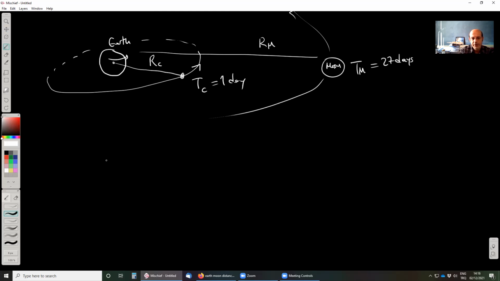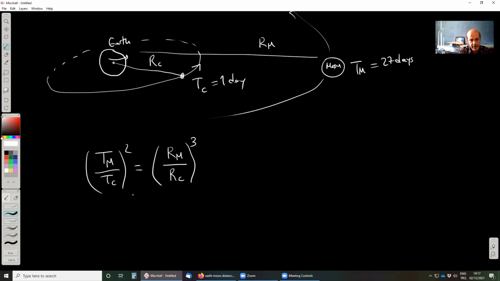So I need to compare the moon with this satellite. The result would be the semi-major axis length of the moon. That's basically the radius, because these are almost circular orbits. The Clarke orbit is exactly circular. That's the cube. Let's see, I need to find the distances again.